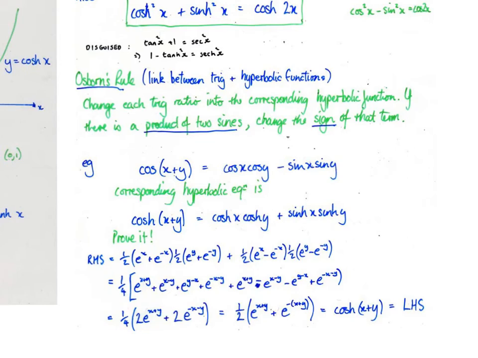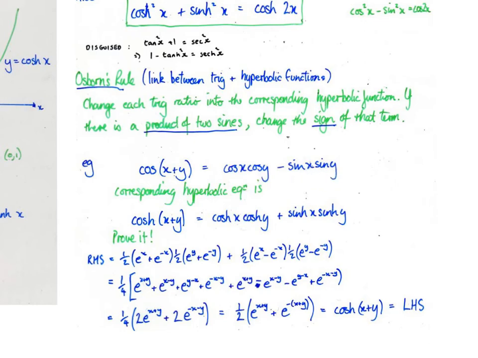Like I say, it's the link between the trig functions and the hyperbolic functions. And we simply change each trig ratio into the corresponding hyperbolic function. But, and this is very important, if there's a product of two sines, we also change the sign of that term. So for example, cos of x plus y, we know is cos x cos y minus sine x sine y. But look, this is a product of sine terms.